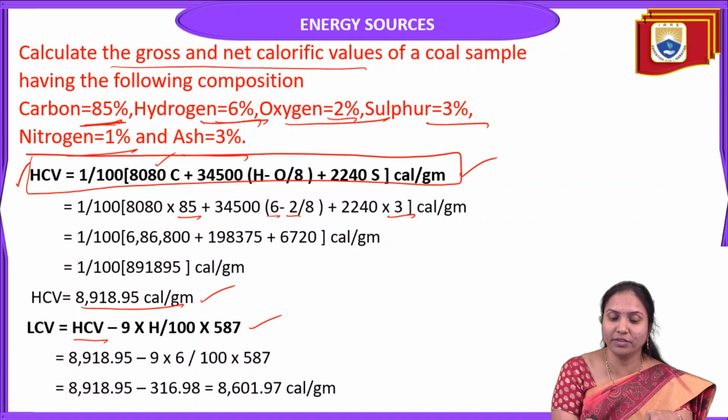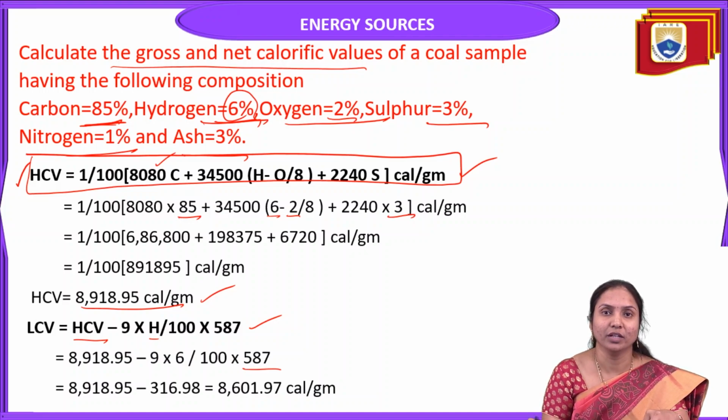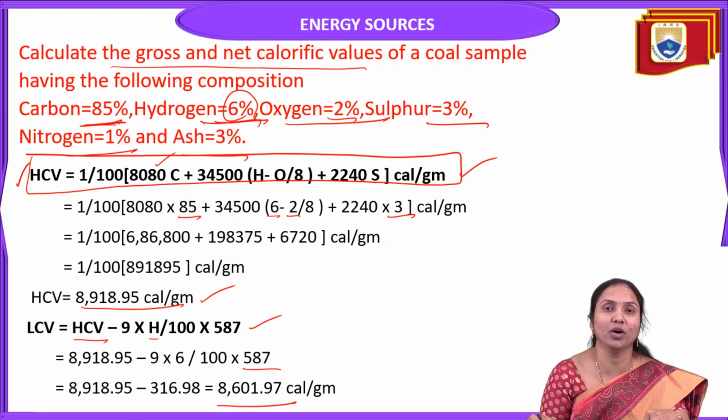The HCV value we just calculated is 8,918.95, minus 9 into 6 by 100 into 587. So the net calorific value is 8,601.97 calories per gram.